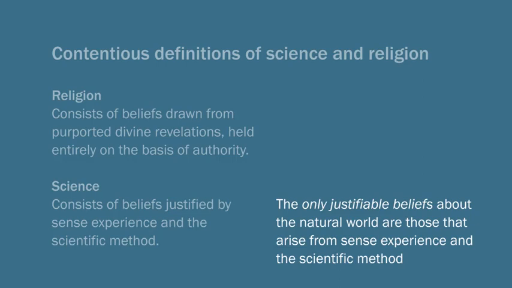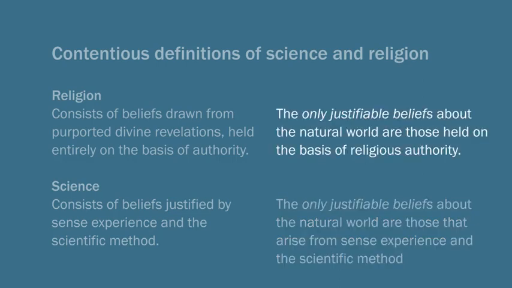And when we add to the characterization of religion that the only justifiable beliefs about the natural world are those that are held on the basis of religious authority. The problem is those definitions don't seem to be very plausible, especially in the case of religion, holding that the only justifiable beliefs about the natural world are those that are held on the basis of religious authority. There are very few people who would affirm that that's a reasonable understanding of religion.